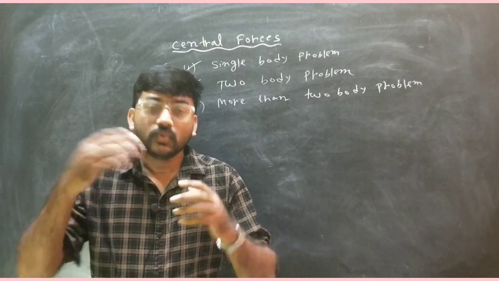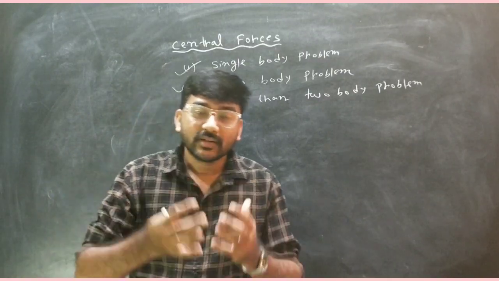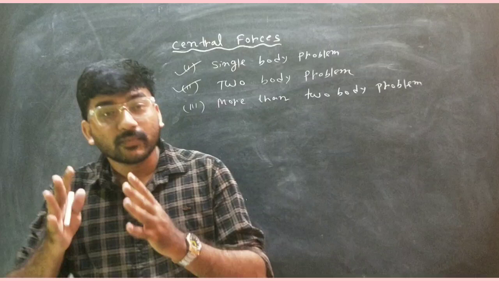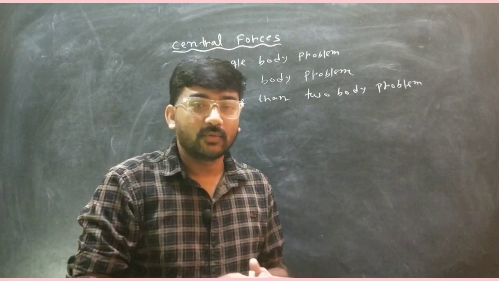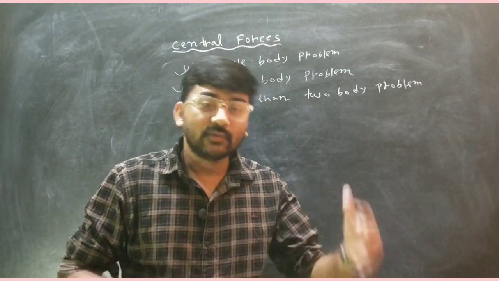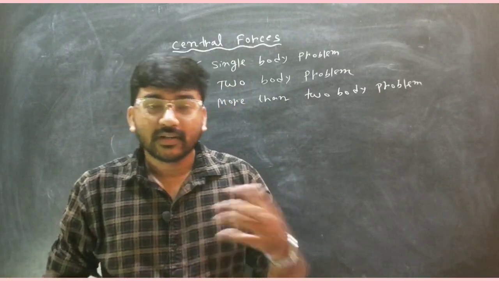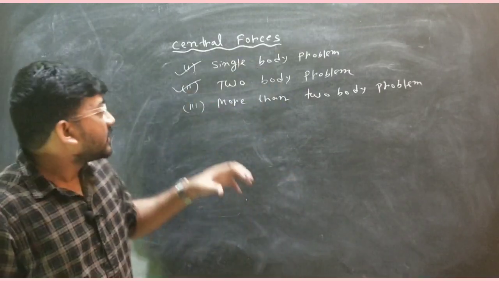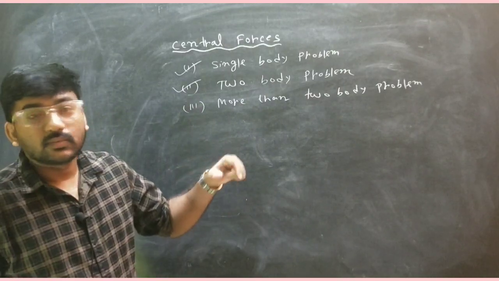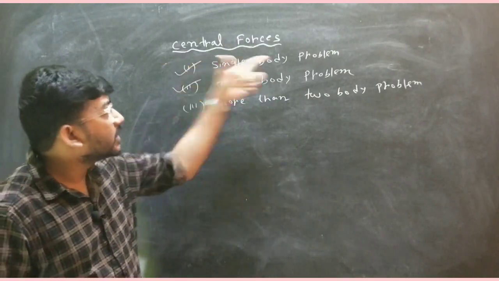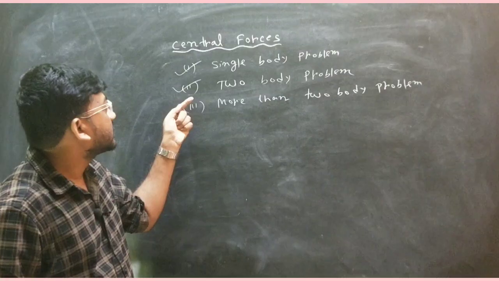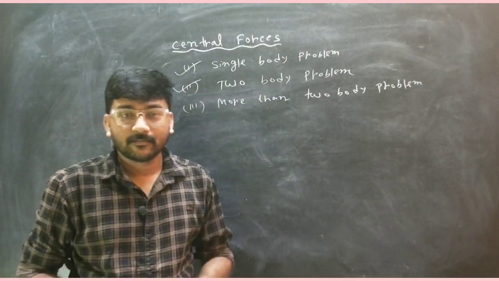But for a two body system we have a mathematical tool to convert it to an equivalent one body problem. I will tell you that later on, but initially you need to understand the definition of central force for the single body problem and for the two body problem.